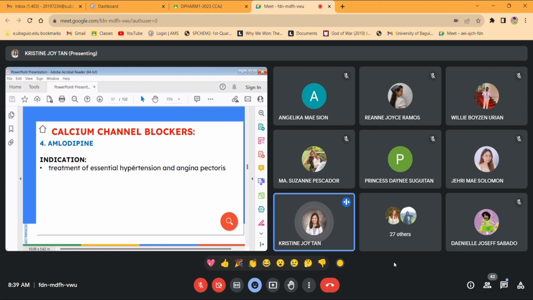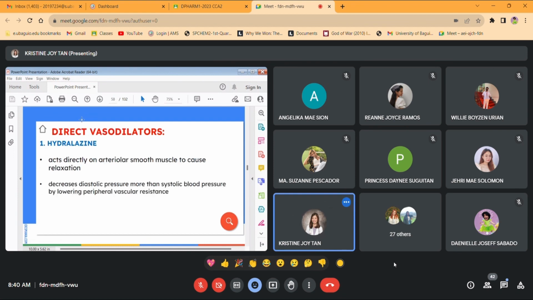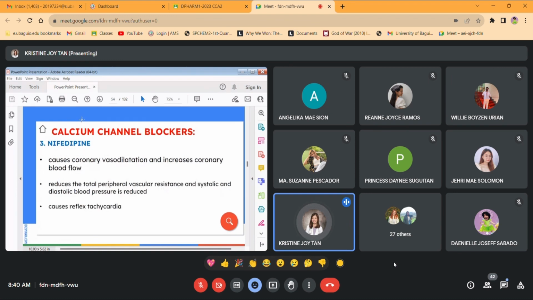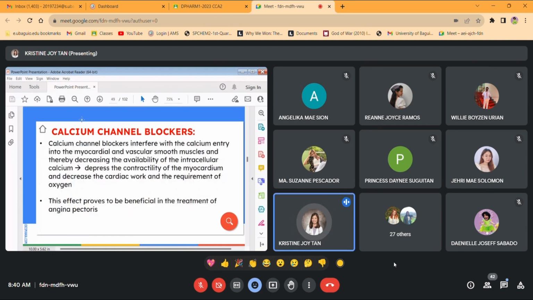So, indication, used for hypertension and in cases of angina pectoris. So, this is the commonly prescribed one, your amlodipine. So, those are the important calcium channel blockers. Familiarize yourselves with your amlodipine, nifedipine, diltiazem, verapamil.